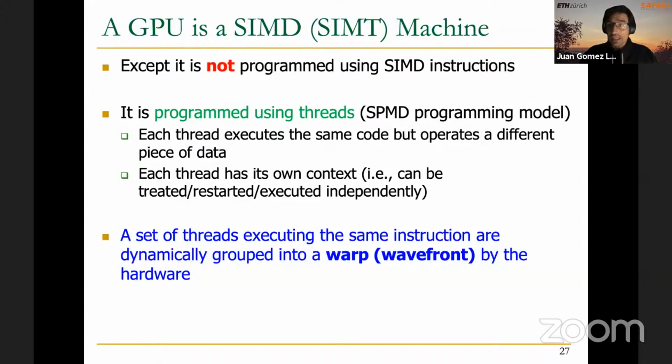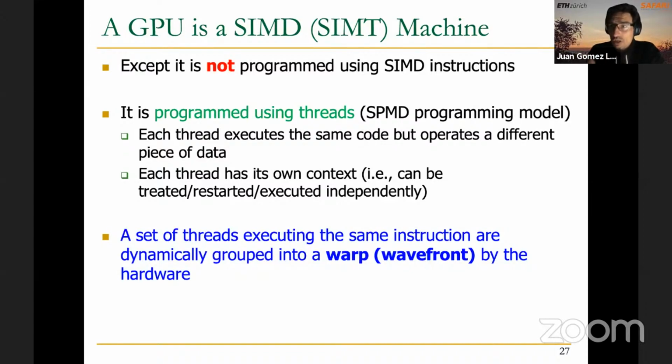But in the end, the idea is pretty similar as well. The way we program them is using the SPMD programming model. In NVIDIA GPUs, for example, a warp is typically 32 threads.